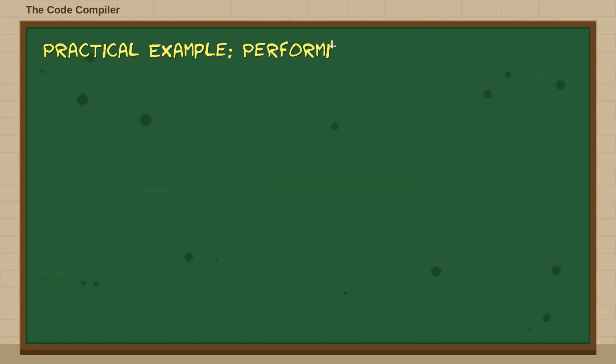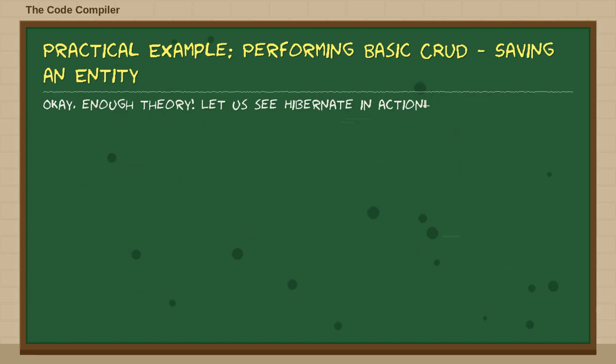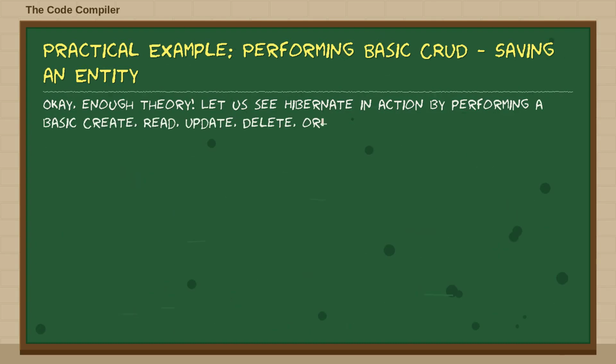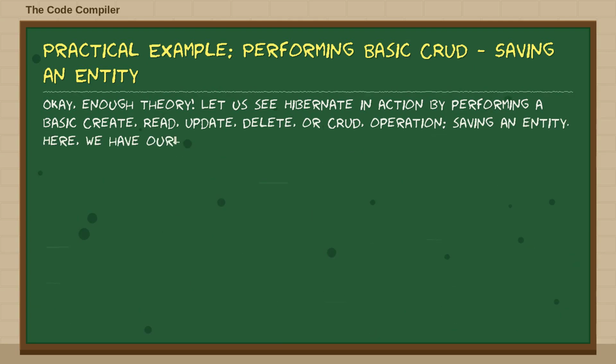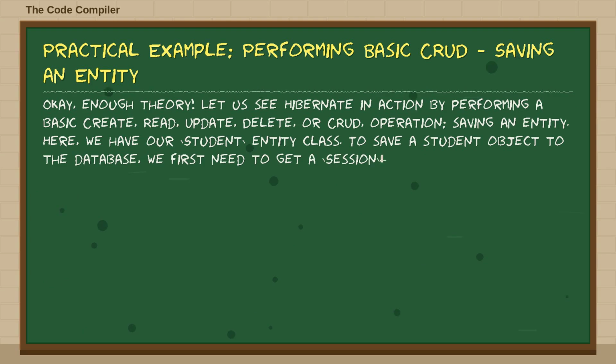Okay, enough theory. Let us see Hibernate in action by performing a basic create, read, update, delete, or CRUD operation, saving an entity. Here, we have our student entity class. To save a student object to the database, we first need to get a session from our session factory.